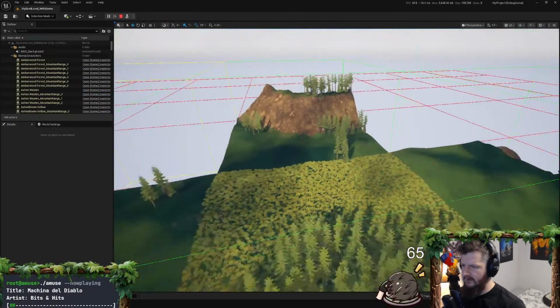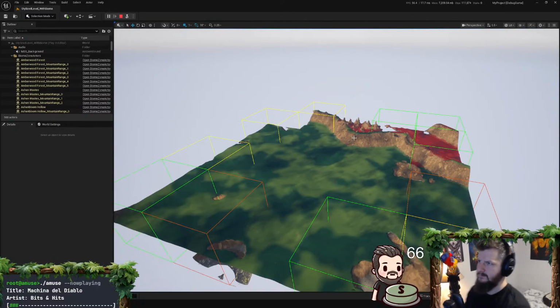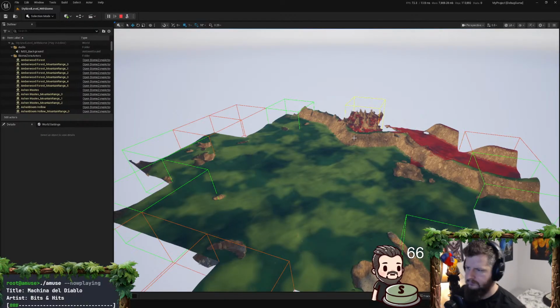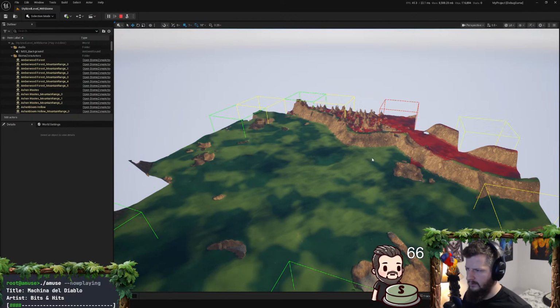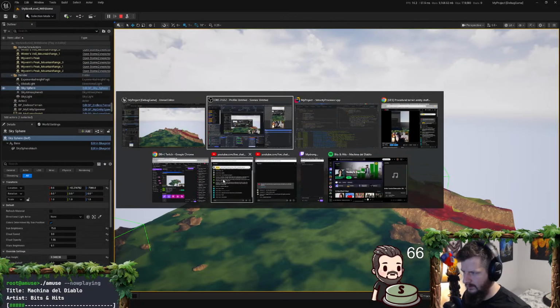Hopefully we see no one falling through the ground anymore, which will be really great to see. We'll want to find a less flat world to test it with as well.